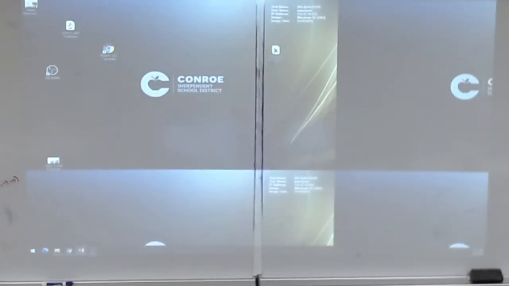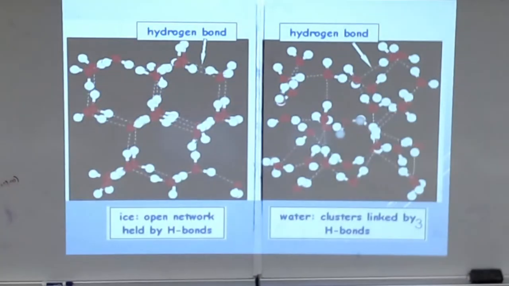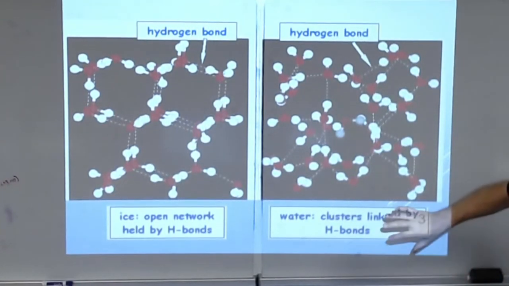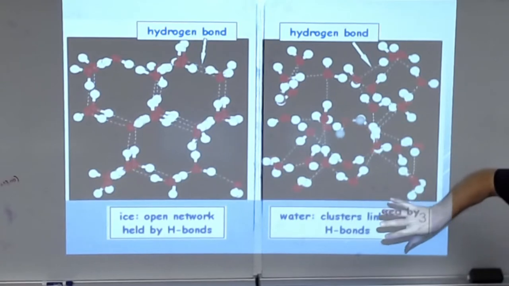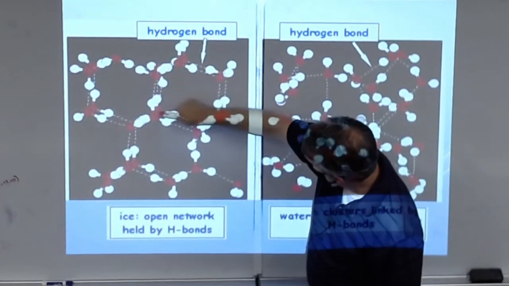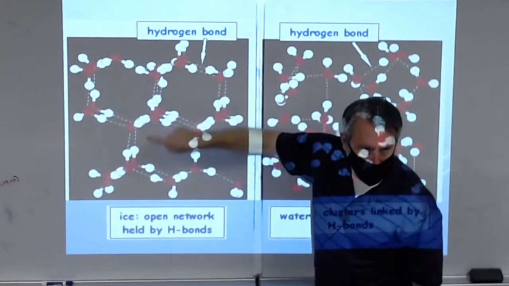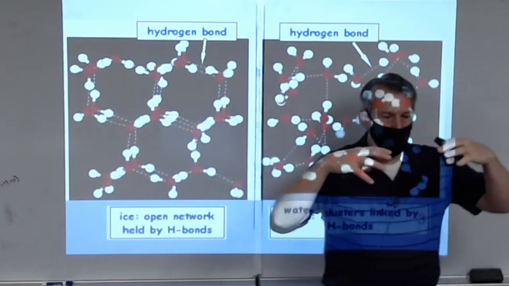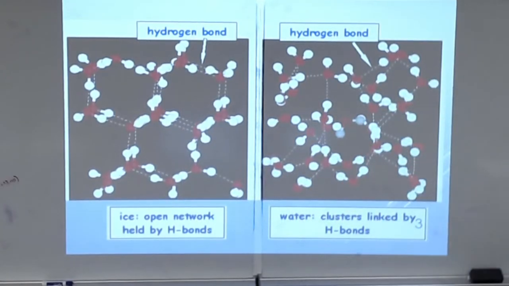Okay, good. We are still recording. Here's what's going on. Ice forms these open networks, forms these rings here, these structures where everybody's bonded to everybody else. It swings out. In order for those hydrogen bonds to happen, the water molecules must take up more space.